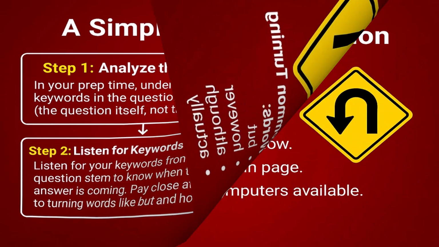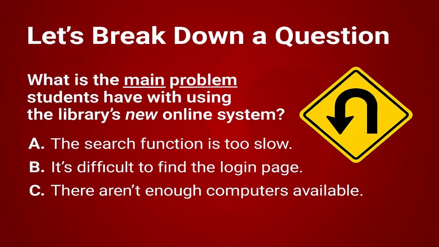Okay, let's analyze this question together. The keywords are main problem and new online system. I'm listening for a discussion about the new system and what the biggest issue is. I predict the speaker will mention speed, logging in, and computers. Let's listen to a mock audio script and see how they try to trick us.